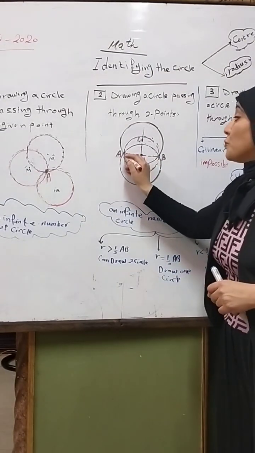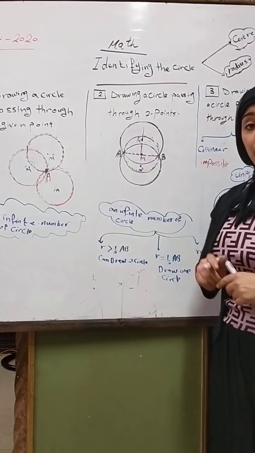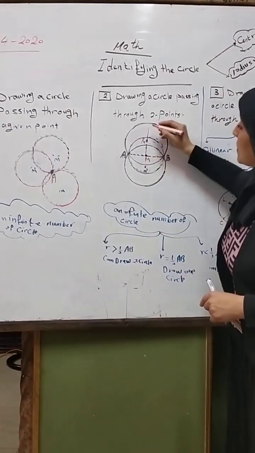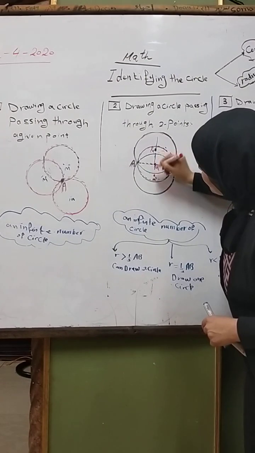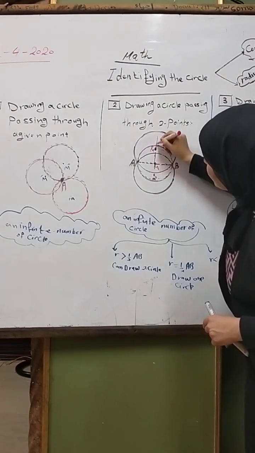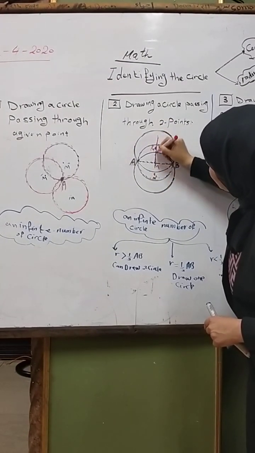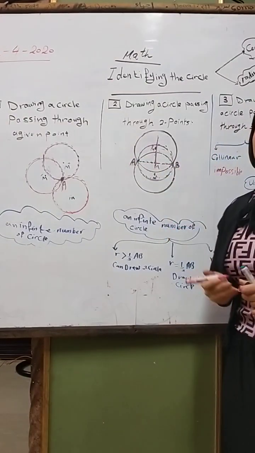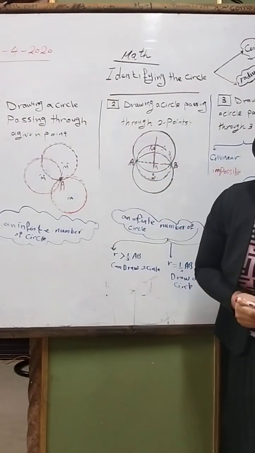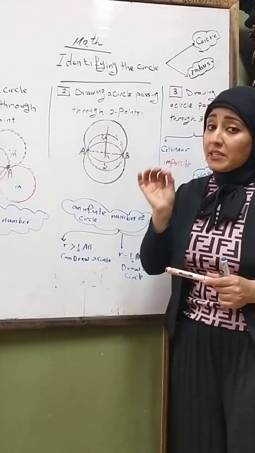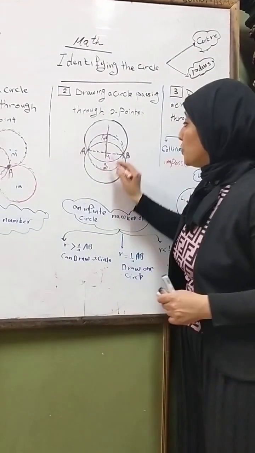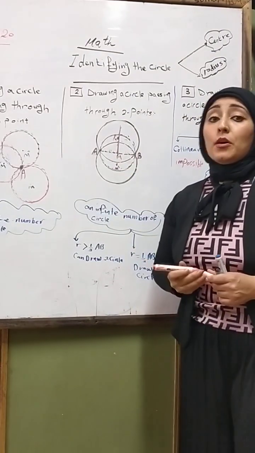These 2 points make a line segment. So the center of each circle here lies on the axis of symmetry of this line segment AB. What is the meaning of axis of symmetry? It is the line which divides a line segment into 2 equal parts.